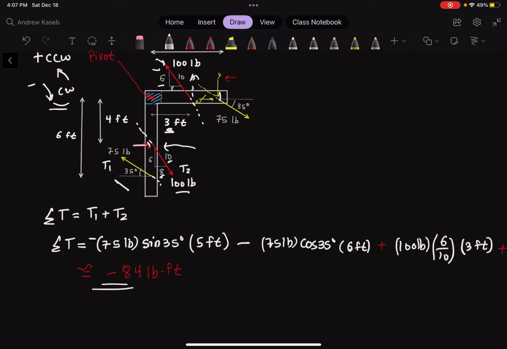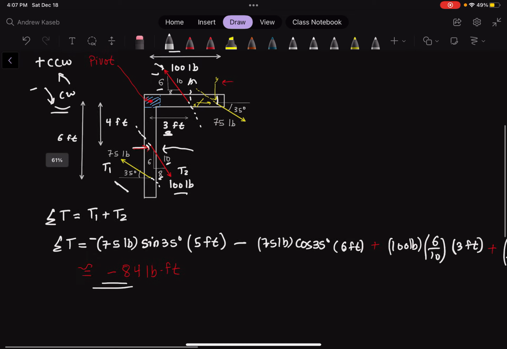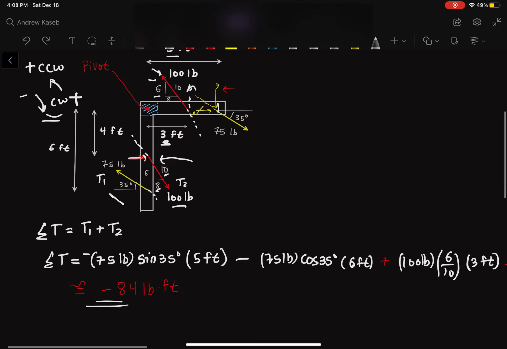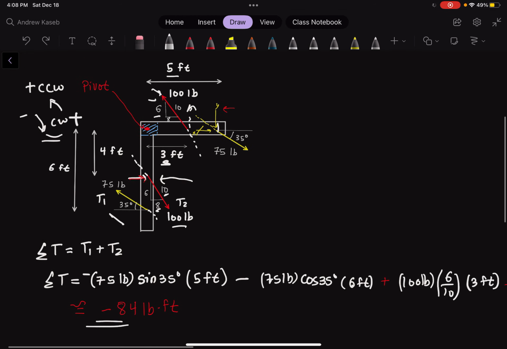So our original assumption was wrong, but overall, we now know that it's actually going to go clockwise. So if you were to make clockwise as your positive from the beginning, then here you would have got a positive number. And you wouldn't have to worry about thinking which way is it going. But since we chose counterclockwise as our positive, we get a negative number, meaning that we go in the clockwise direction.